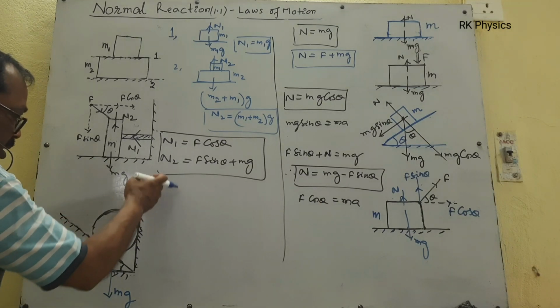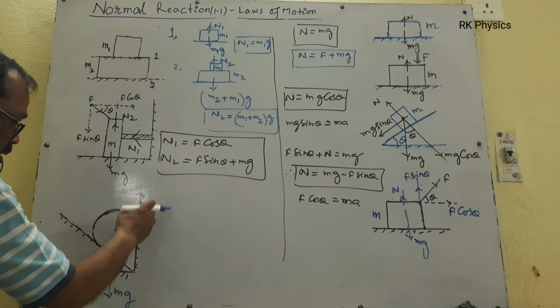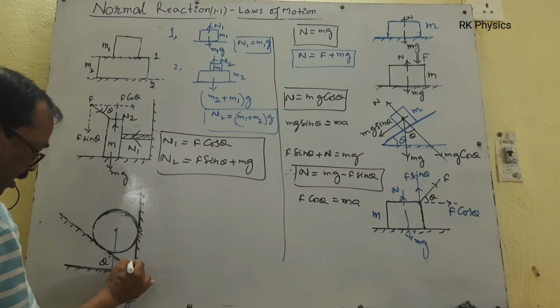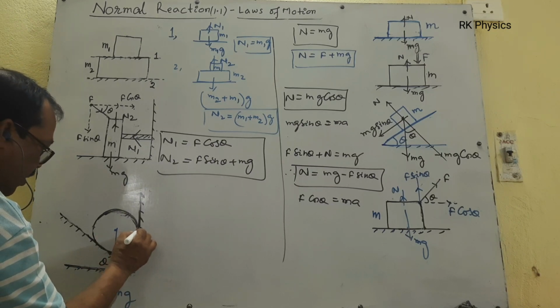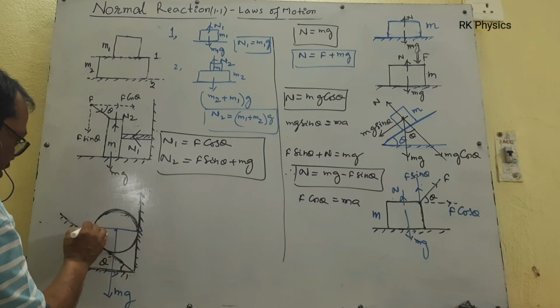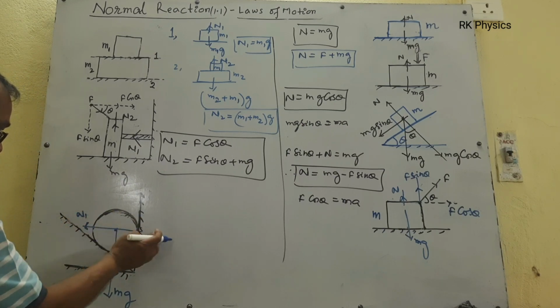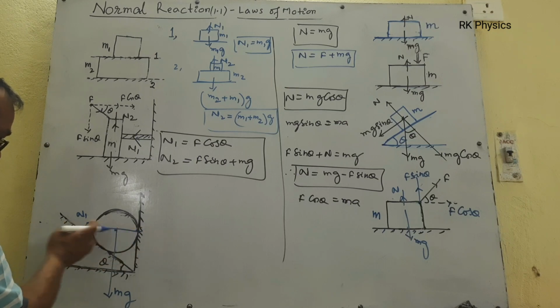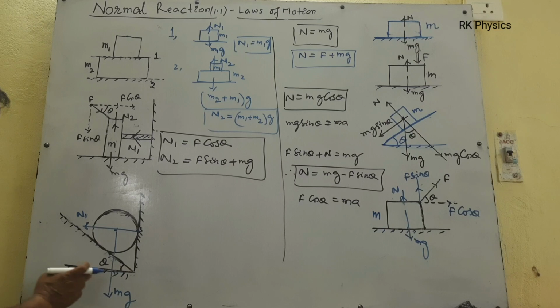Now this surface touches the vertical wall. Vertical wall means this angle is 90. Therefore, the surface provides normal reaction N1, and the direction of N1 is parallel to the ground.